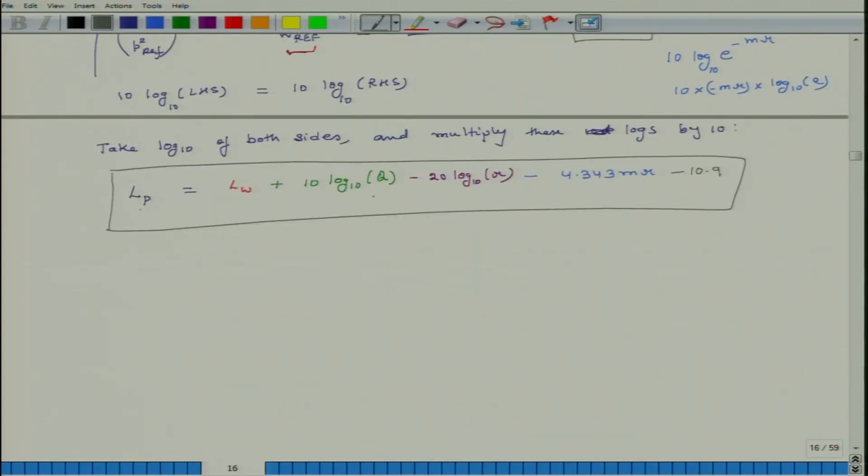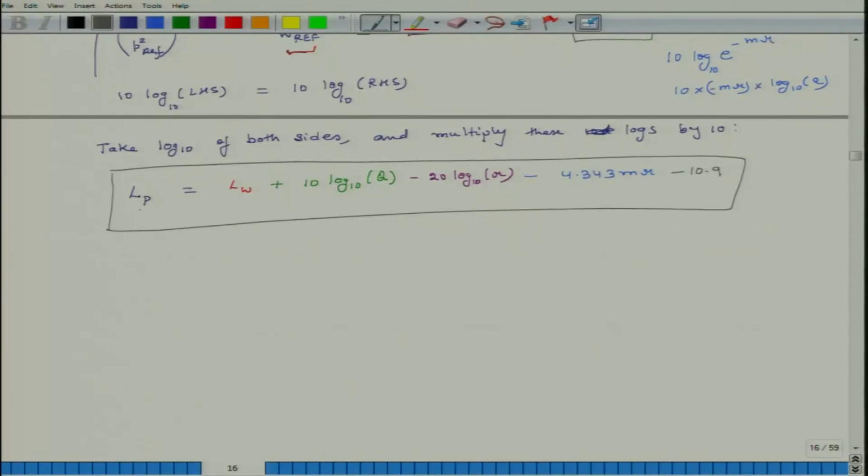How do we know m? We will see that it depends on temperature and relative humidity, and there are charts from which you can find the value of m. So, if you know Q, r and LW, you can calculate LP.